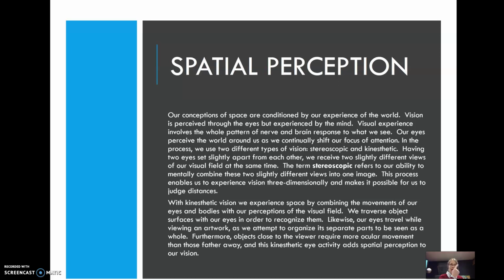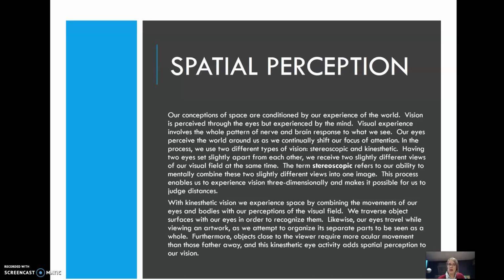So our eyes are traversing or moving, okay, trying to absorb the information of what it is we're seeing. And when we look at artwork, our eyes are obviously doing the same thing. So we attempt to organize the artwork's separate parts to be seen as a whole.